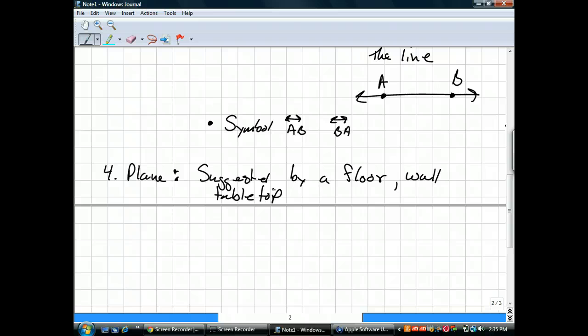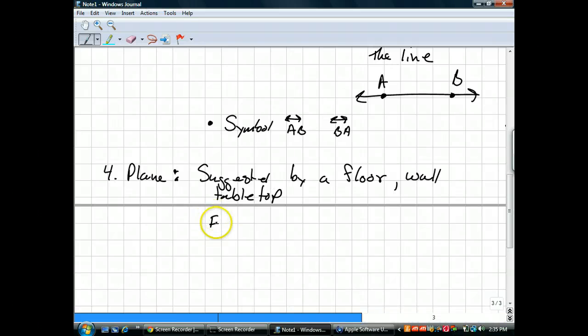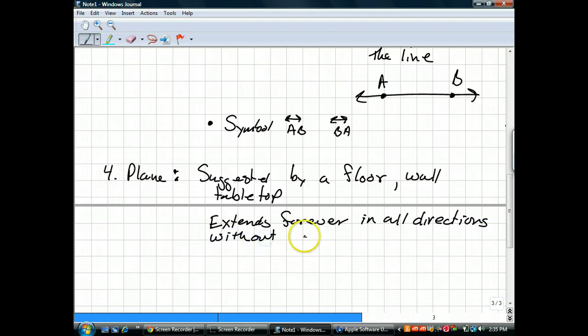However, remember a plane extends forever in all directions without stopping, so without end.